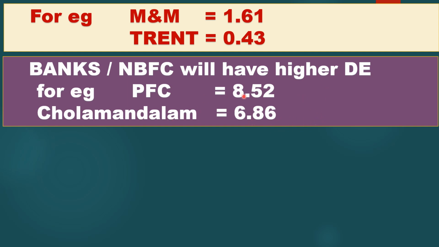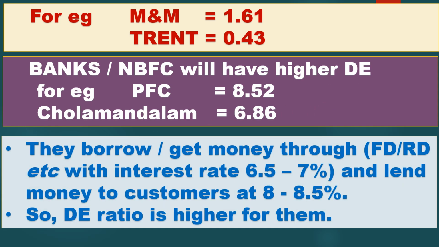They have greater debt to equity because, even banks I have not given here, banks will also have higher debt to equity ratio because they borrow, they get money through FD RD with interest rate 6.57%, and then they lend the borrowed money to the customers as home loan, bike loan, car loan, etc. at 8 to 8.5%.